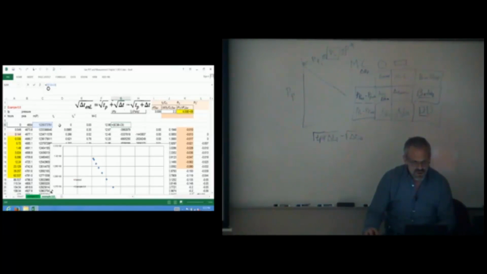What I want to do is take the pseudopressure of the well shut in and minus the pseudopressure at time 0. Watch what I'm going to do very carefully. I'm going to put my I-beam on the absolute value of C6, and I'm going to F4 it twice. Oops, it wouldn't let me do that.